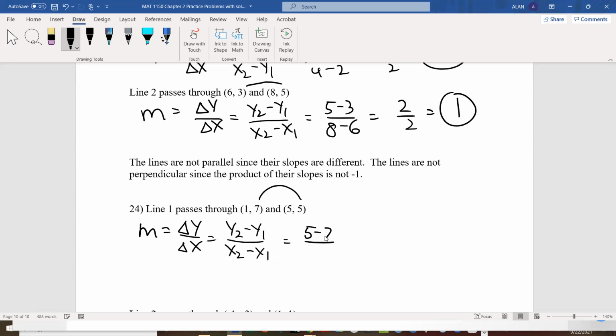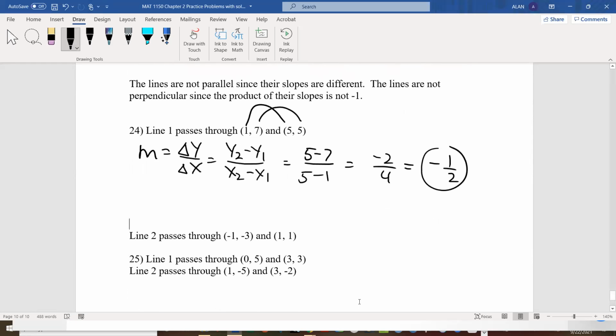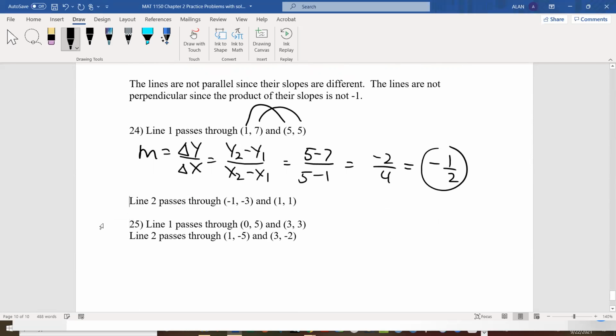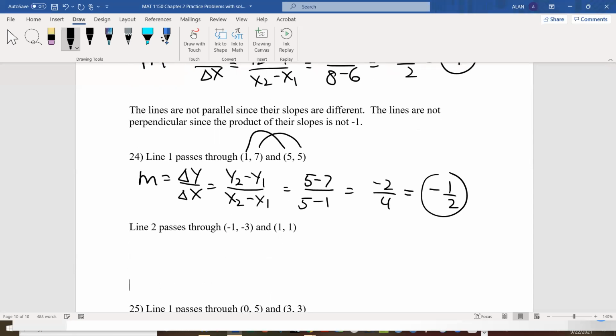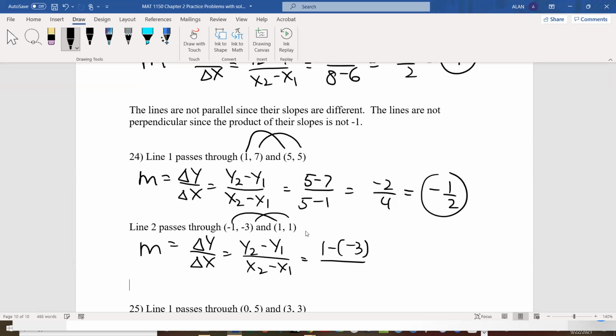Five minus 7, 5 minus 1. Then we have m equals, okay, 1 minus 3, 1 minus 1, 4 over 2.